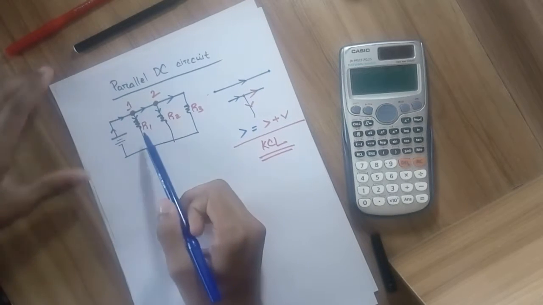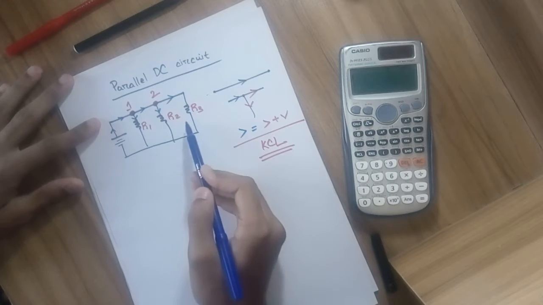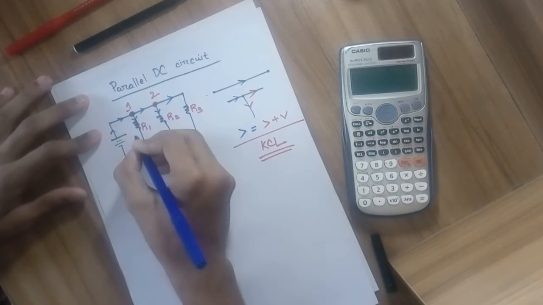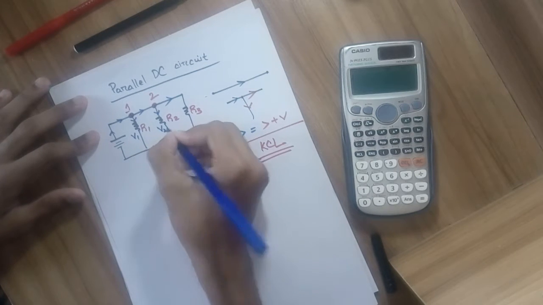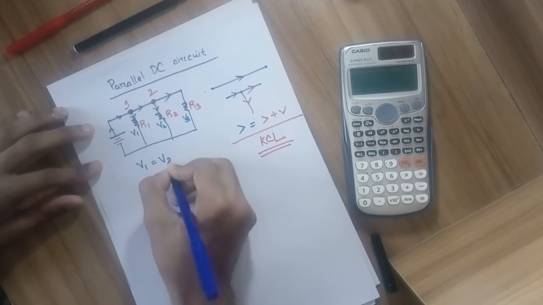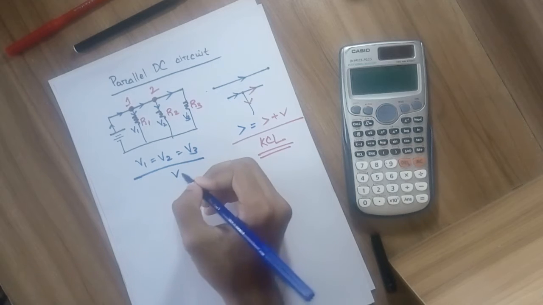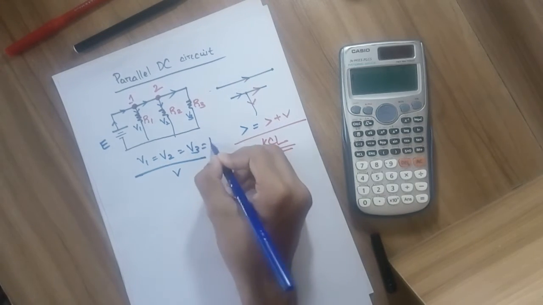Over here the currents can change and the voltage is always the same. So over here the voltage is V1, here V2, and here V3. On a parallel DC circuit V1 equals V2 equals V3, which is the source voltage, so we can call this E.